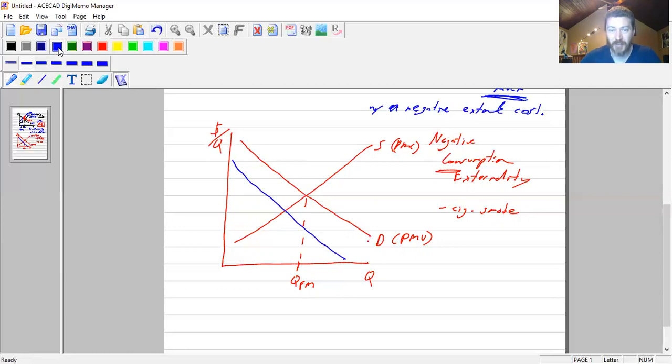This demand curve represents the marginal value that the consumer receives, but we're going to subtract from that the external cost. So this will become the social marginal value, which is obviously less than the private marginal value. And again, the vertical distance between these two is the amount of the externality.